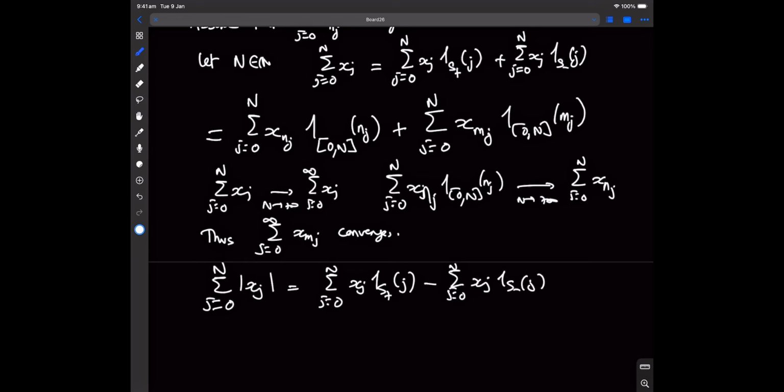But if these two things converge, both the sum of the x_{n_j} and the sum of the x_{m_j}, then this would have to converge as N goes to infinity to the sum j equals 0 to infinity of the x_{n_j} minus the sum j equals 0 to infinity of the x_{m_j}. But that is telling me that the series converges absolutely, which is a contradiction.